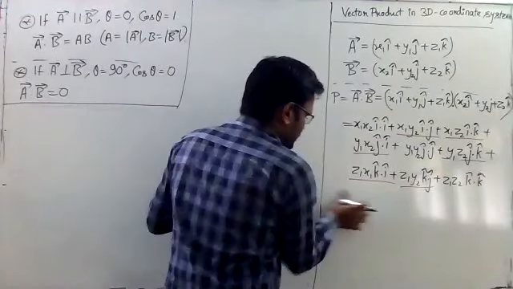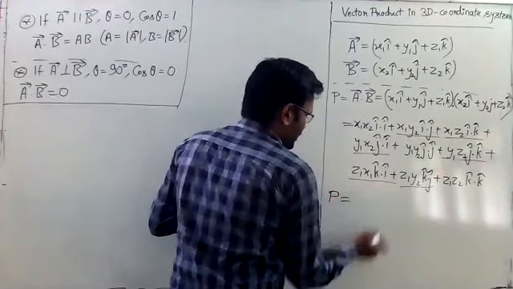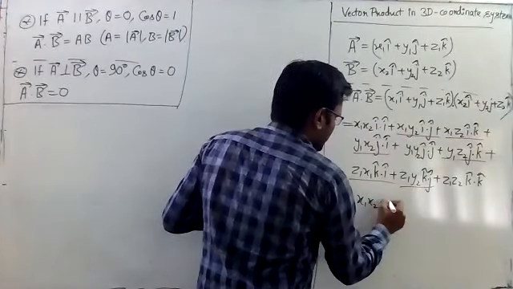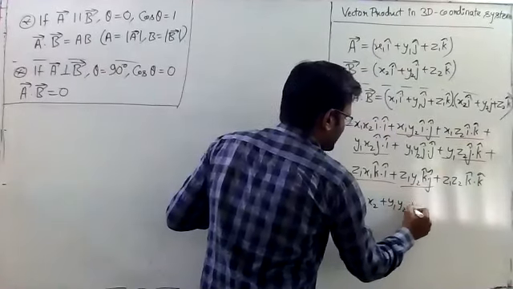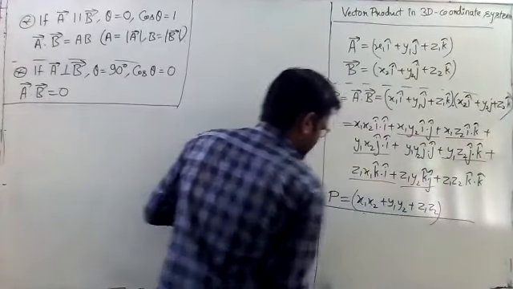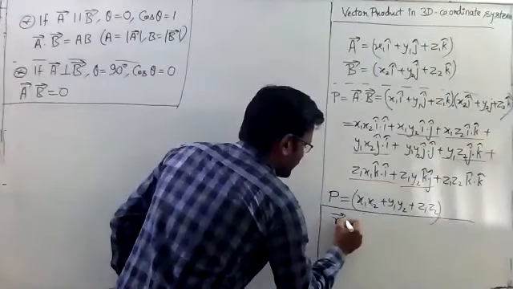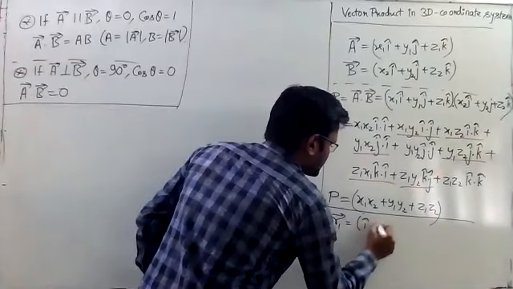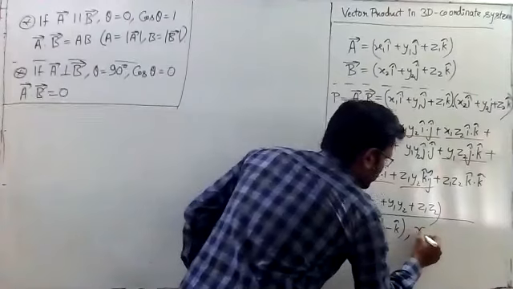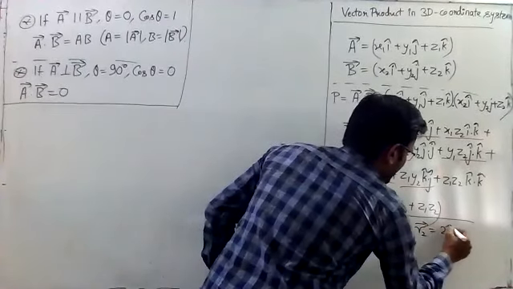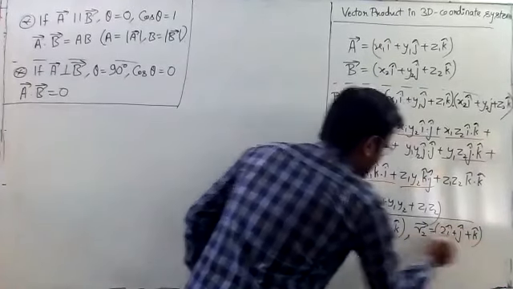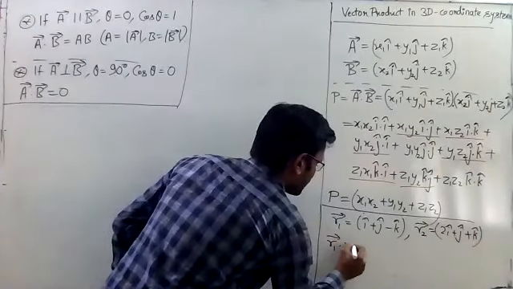So here the scalar product or the dot product of A dot B, what am I getting? X1, X2 plus Y1, Y2 plus Z1, Z2. That's it. This is the product. If I take R1 equal to I plus J minus K and R2 equal to 2I plus J plus K, what is R1 dot R2?